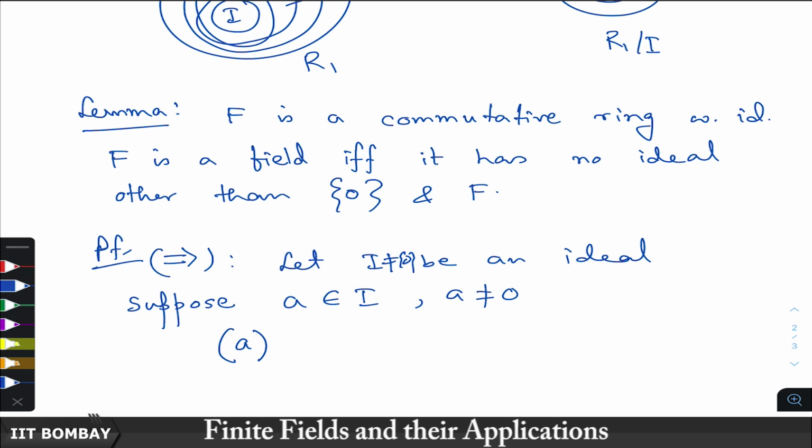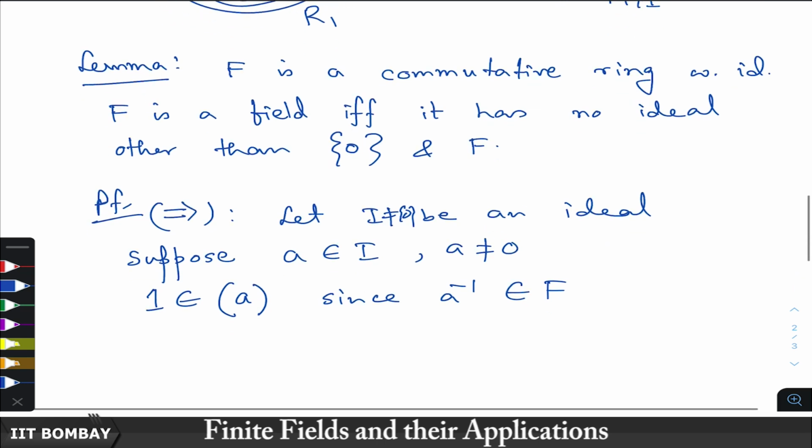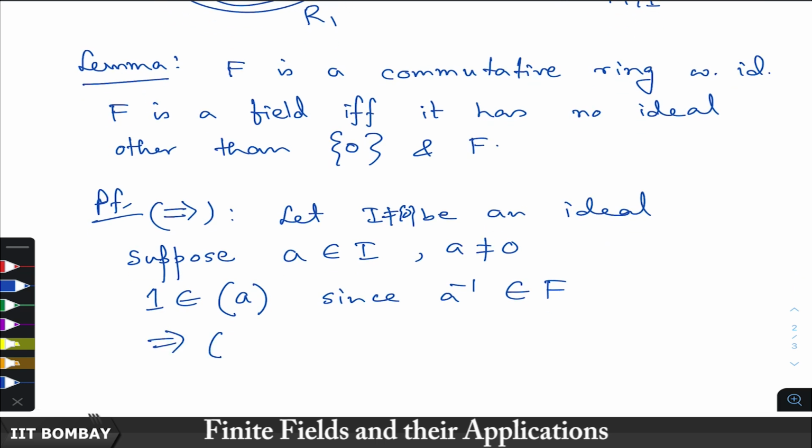It will contain 1, since A inverse is there in F. A inverse when multiplied with A will be 1 itself, but this also means that this ideal generated by A is same as F. Because with 1 you can multiply all the elements and you will get all the elements of F. So, what you see is that any non-zero ideal basically is F. So, there is no other ideal than 0 and F.